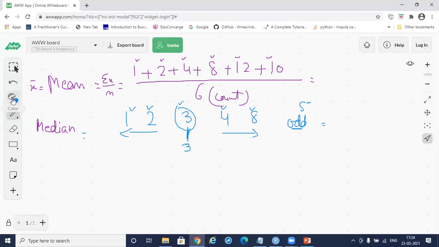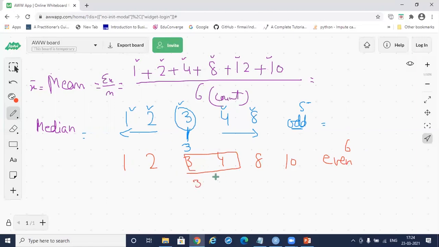But at the same time, suppose I'm having data with an even number of values. Suppose here I'm having 1, 2, 3, 4, 8, 10. So how many are there in total? We are having an even count because we are having a total of 6. So there we have to take the two central values in case of an even number.